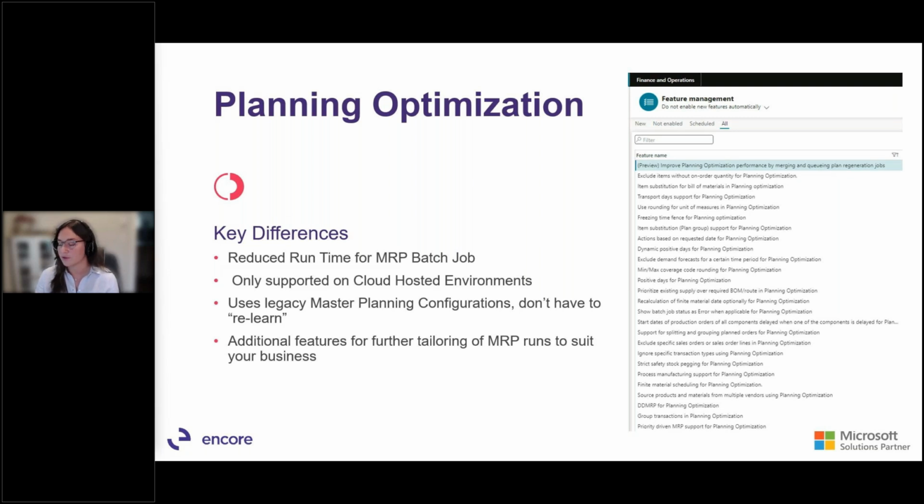So you can review those and see if any of them would be helpful for your business. If anyone has used the legacy master planning, I know several would be extremely useful, and I wished we had had them before: leveraging positive days, using transport days, anything with transfer orders in general. There are some pretty cool features available.